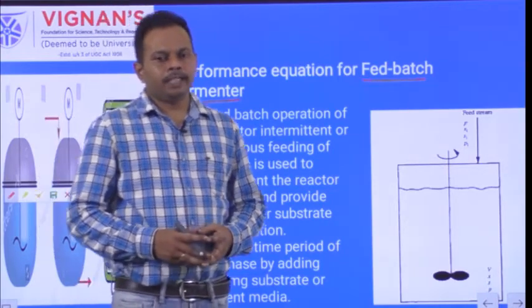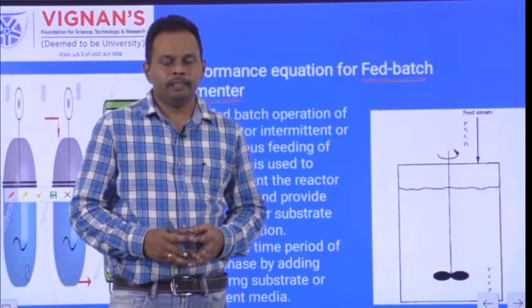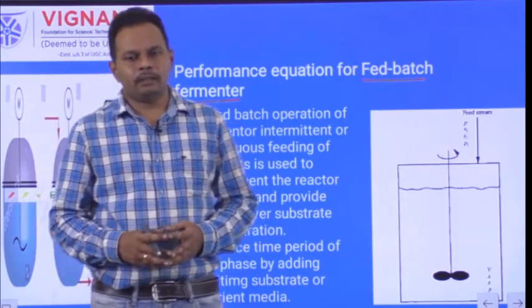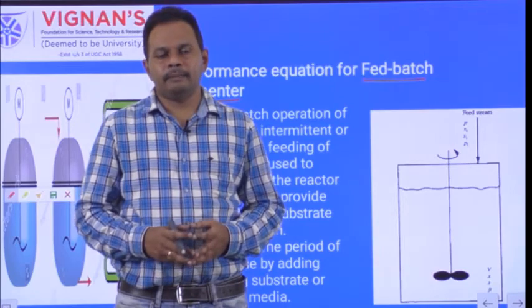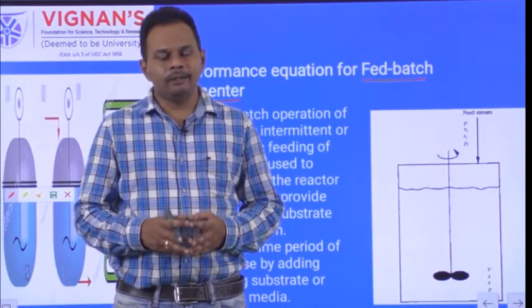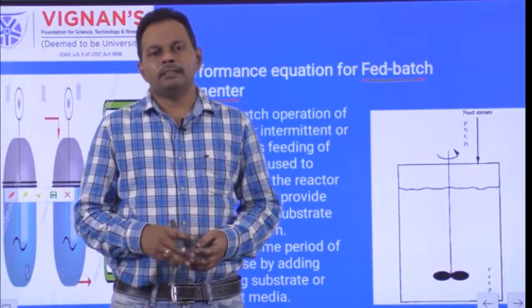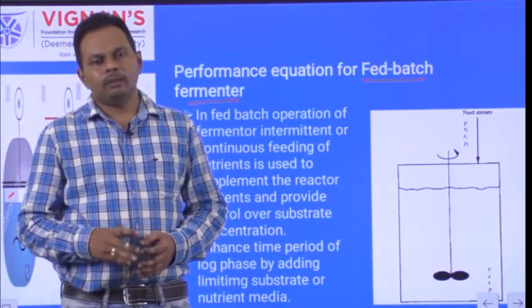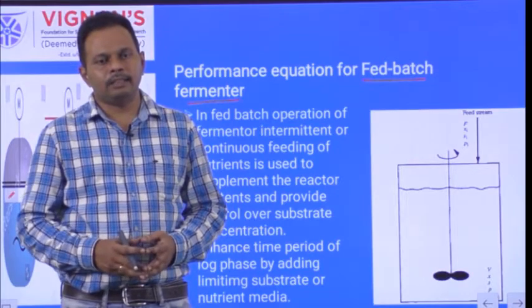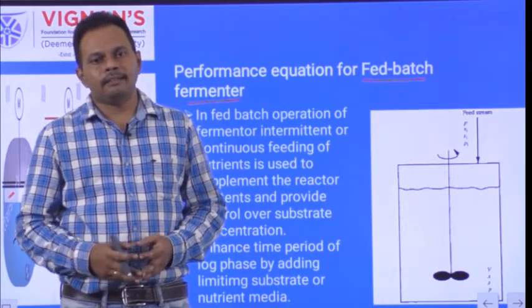After the exponential phase, because of the exhaustion of nutrient media or the formation of toxic compounds, the cell falls into the deceleration phase, that means the cell growth rate reduces. Then the cell falls into the stationary phase, where the growth rate is constant. After the stationary phase you have the death phase, where cell lysis takes place.